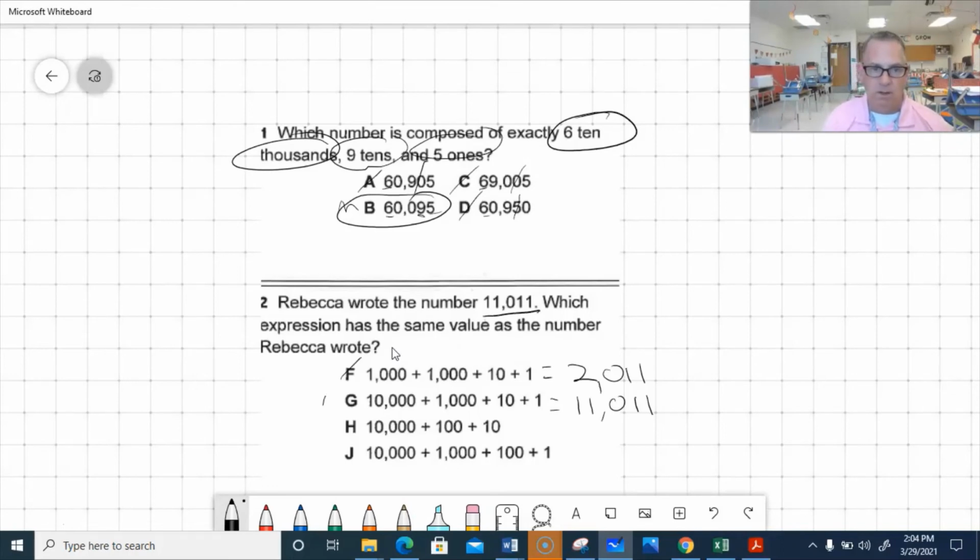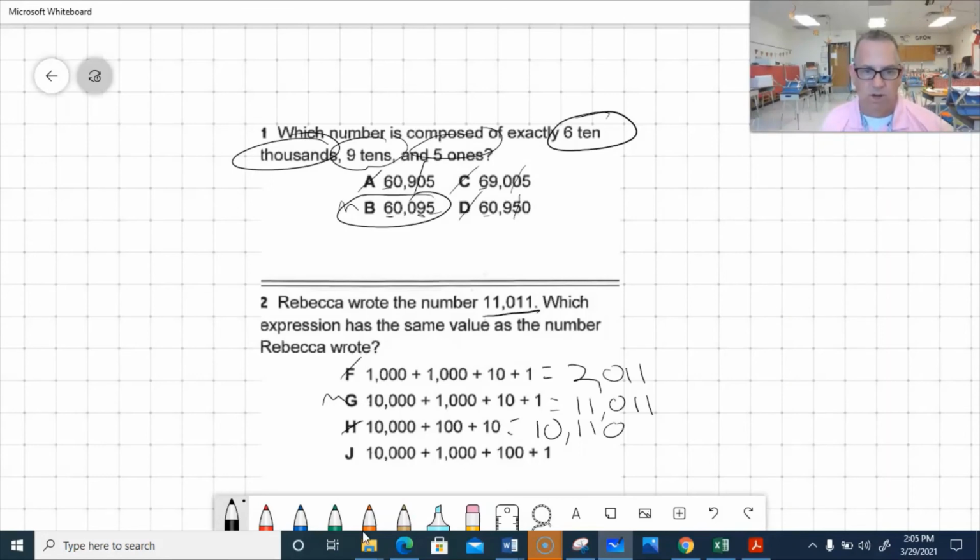We'll go ahead and check the rest of them though. What's the value of answer choice H? I have 110,000. I have 0 thousands, I have 100, 110, and 0 ones. So that is 10,110. That one does not match.